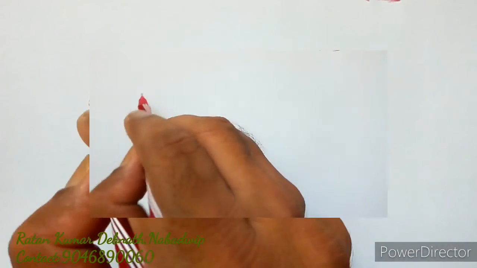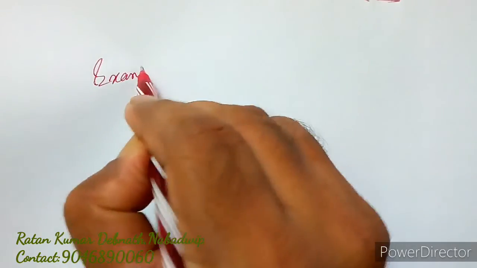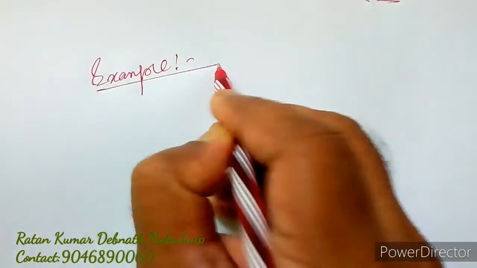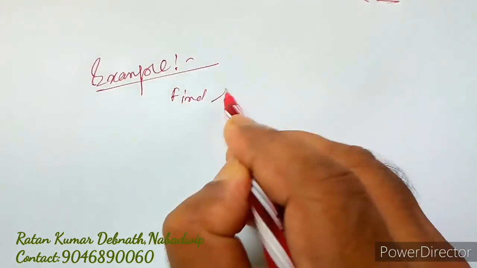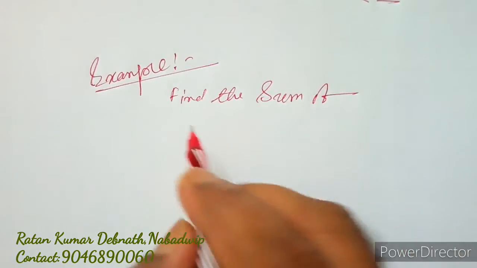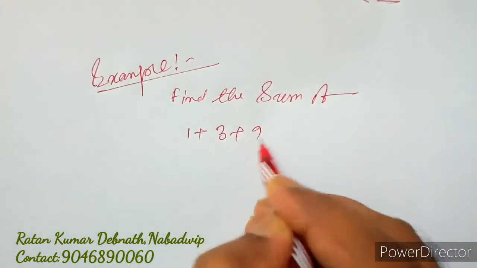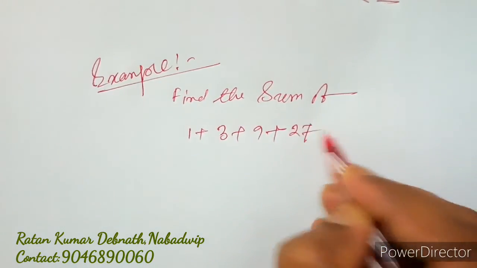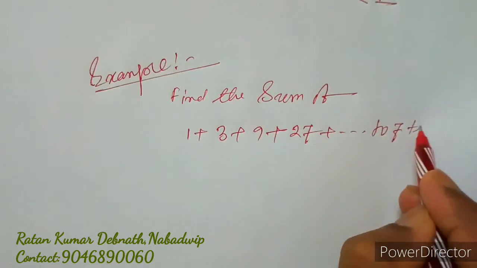Let us give a simple example. Find the sum of 1 plus 3 plus 9 plus 27 plus so on, up to 7 terms.